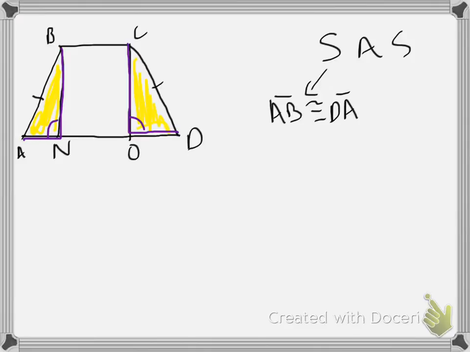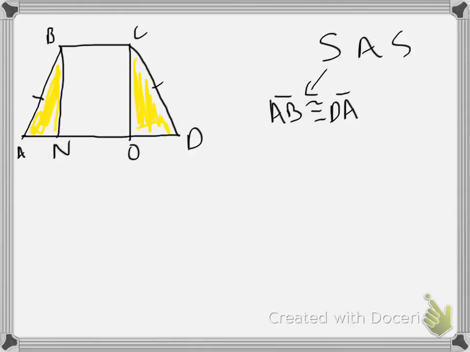And then the last one was that CO is congruent to BN. Well, that looks like it is the set of angles touching the set of sides, but then it's across from the angle, so that side can't touch there, and that isn't one of our shortcuts, so you wouldn't choose A. So let's clear that off.